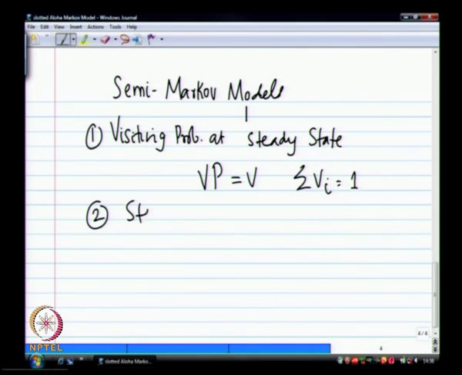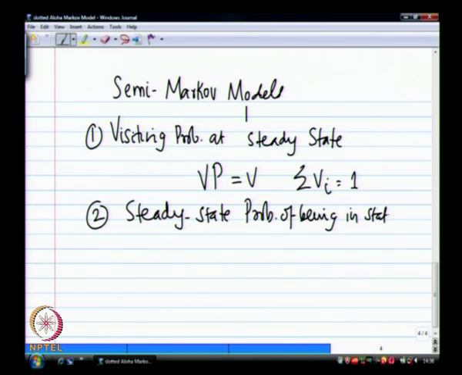To go to the steady state probability of being in a state, the steady state probability of being in state i is now Pi, which is simply Vi tau i divided by the sum.